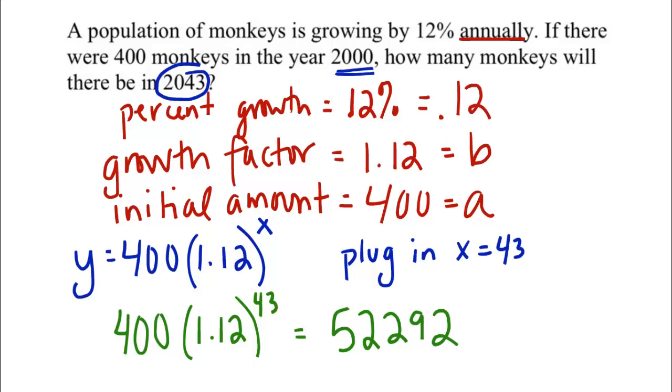So I'm going to round that to 5292. I'm going to round to the nearest monkey. Since we're talking about monkeys, I think it makes sense to round to the nearest monkey. If we were talking about money, I might think otherwise. That's all we did. We came up with our equation and we plugged in.